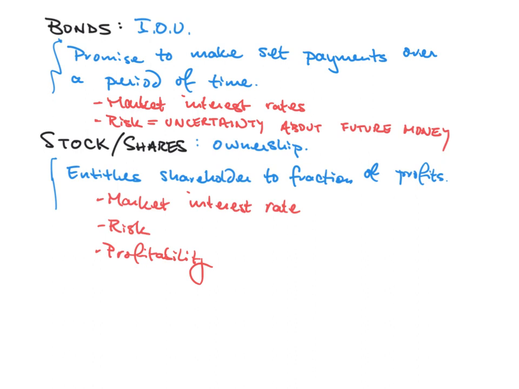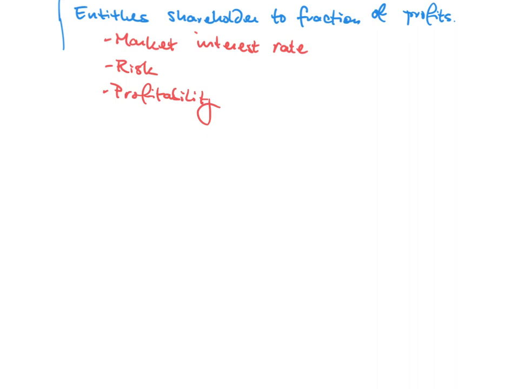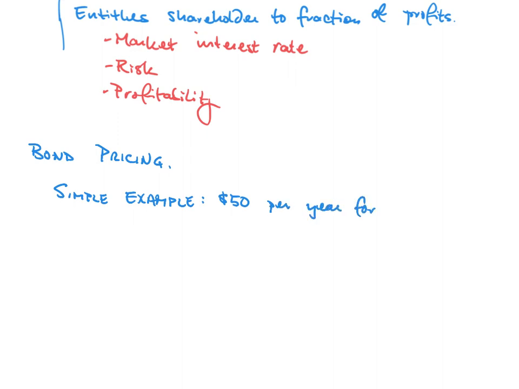Okay, now let me go back to this bond, and talk about what goes into bond pricing. Let me start with a very simple example. Okay, I offer to pay you $50 per year for the next 20 years.